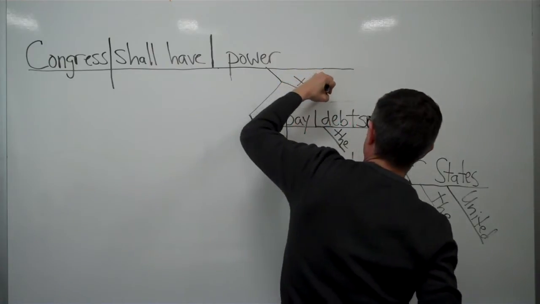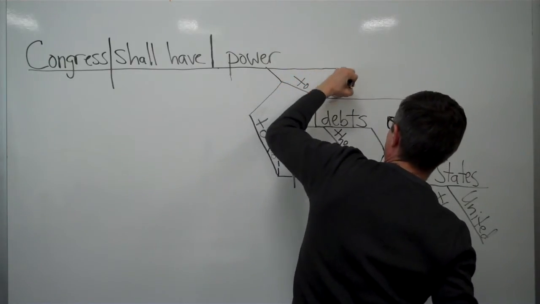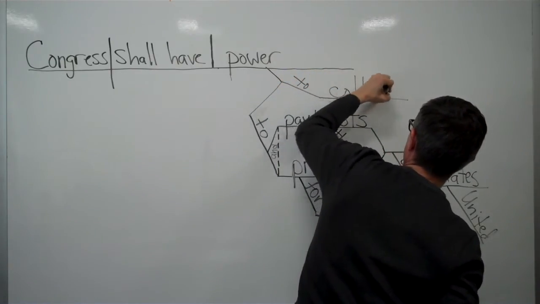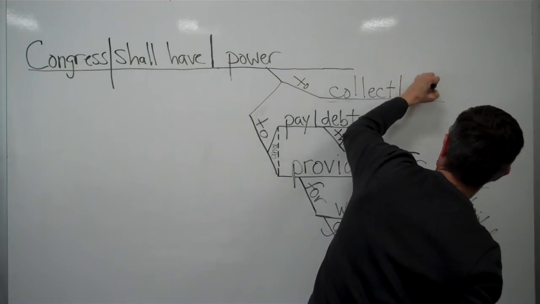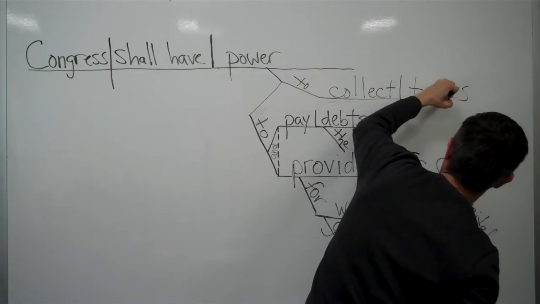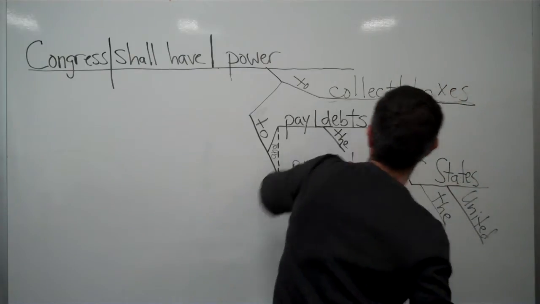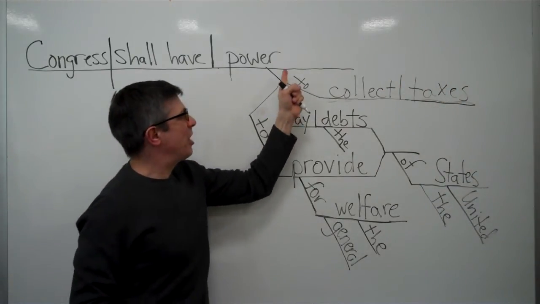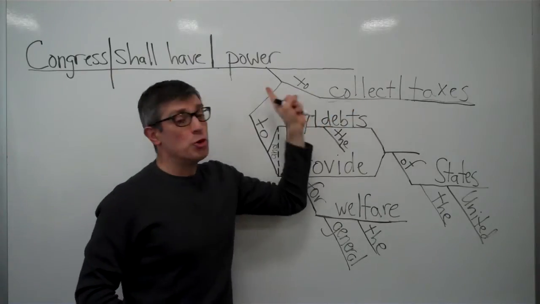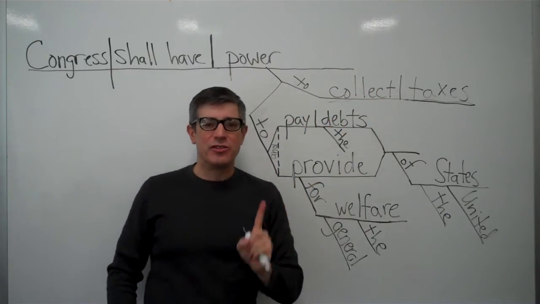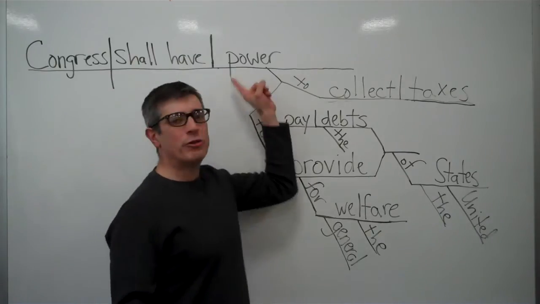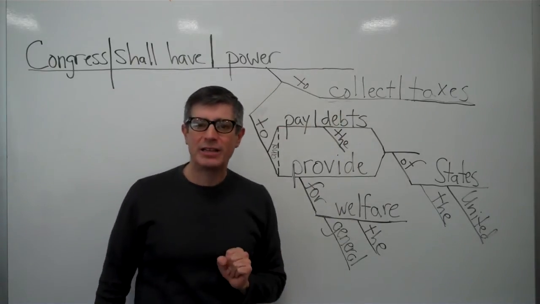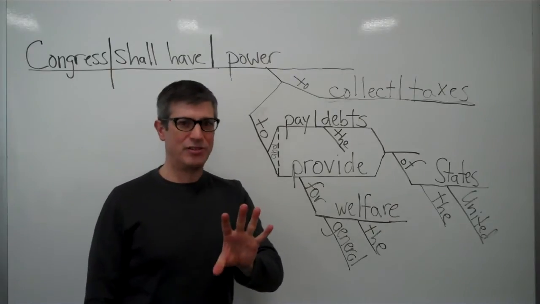If we put the collect taxes up here, now what I've just done here, I haven't changed what this to collect taxes is doing. It's still functioning adjectively. It's still answering the question, which power? The power to collect taxes. That's which power. So that's the same.